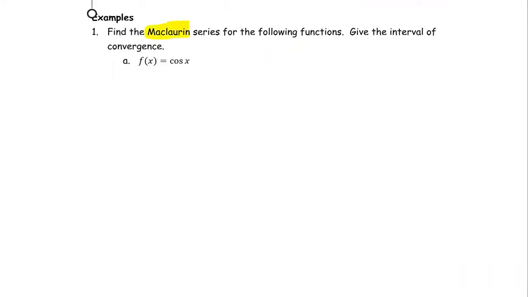Examples: find the Maclaurin series for the following functions. Give the interval of convergence. Part A, f of x equals cosine x. Recall the Maclaurin series is the Taylor series representation for f of x where a equals 0.